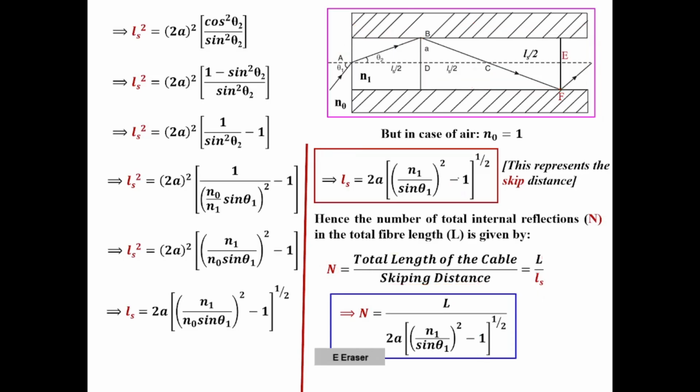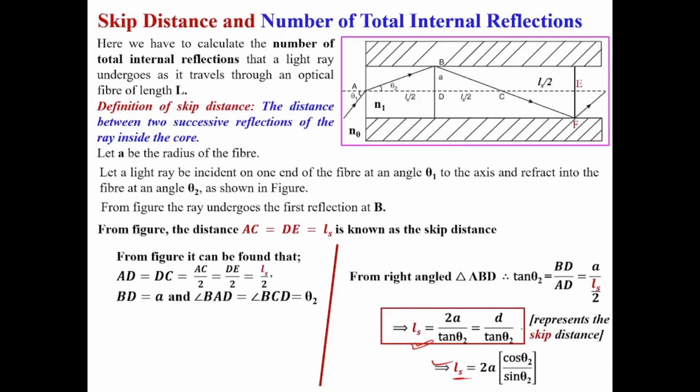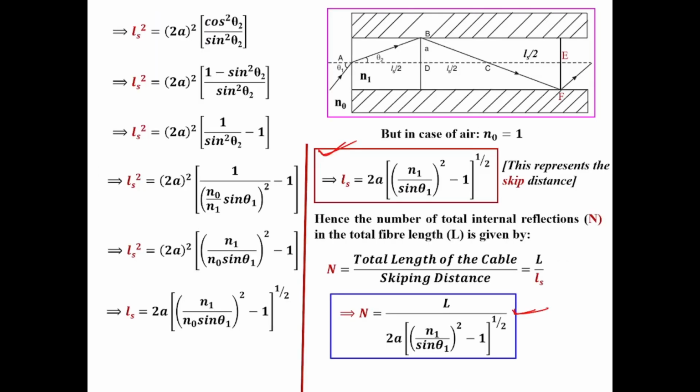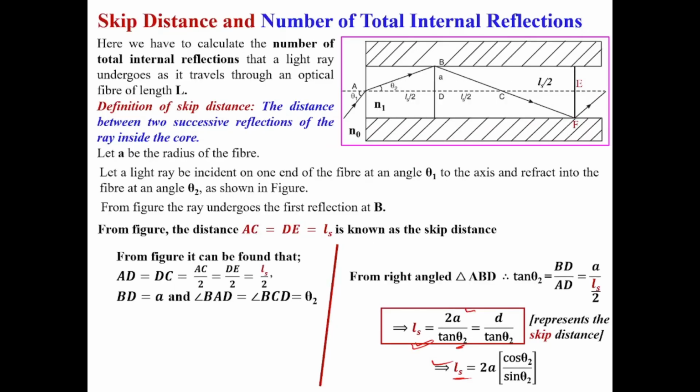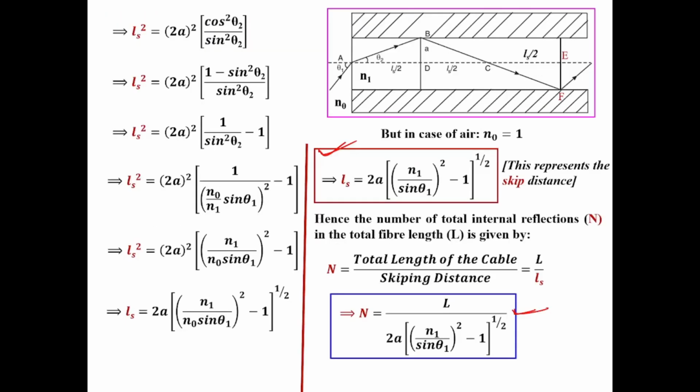You just remember this expression for Ls, this expression for the number of total internal reflections, and this expression, 2a by tan theta 2.